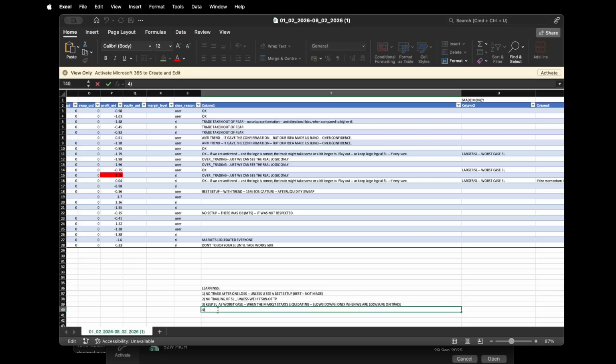Okay, no trailing of SLs unless we hit 50% of TP.